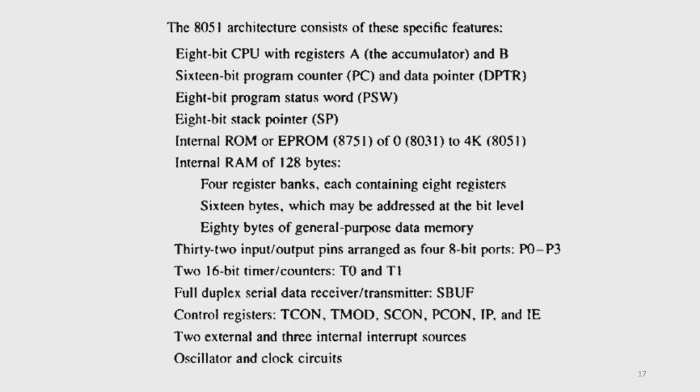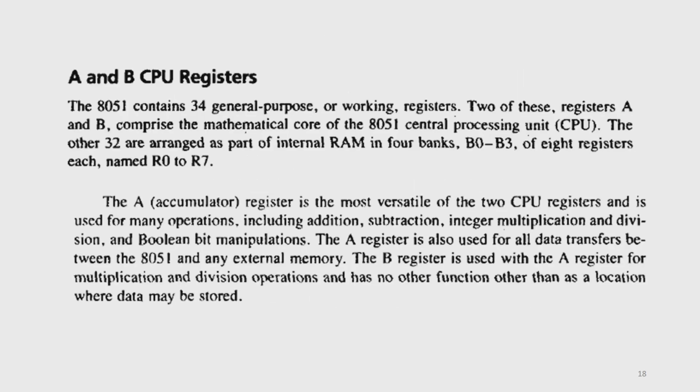We have 4 ports in this 8051 microcontroller and 2 16-bit timers or counters, then a full duplex serial data receiver and transmitter. And several control registers are there, and the interrupts, 2 external and 3 internal interrupt sources, and oscillator and clock circuits.